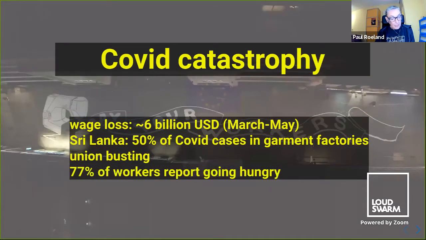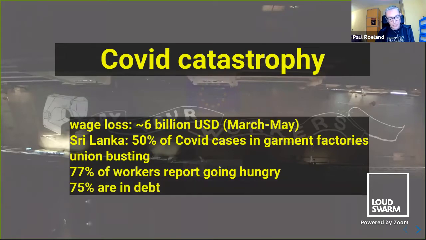And 77% of the workers in our most recent report from 2 weeks ago report that they are actually hungry now. And I mean really hungry. That means eating rice 2 times a day with nothing, no vegetables, let alone any protein. And 75% of them are currently in debt to keep themselves alive.